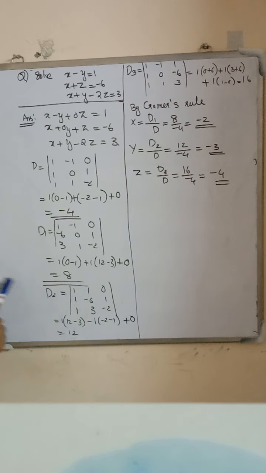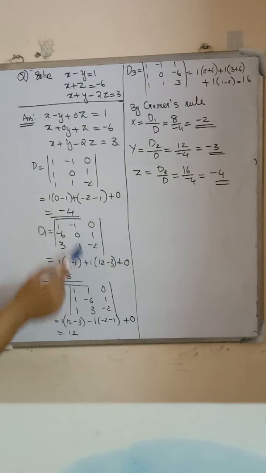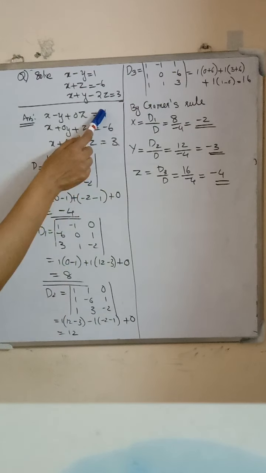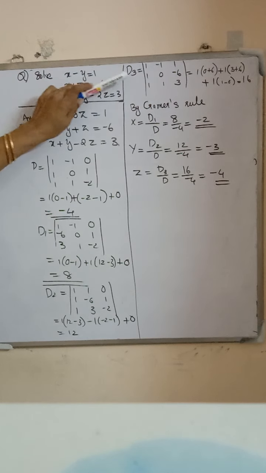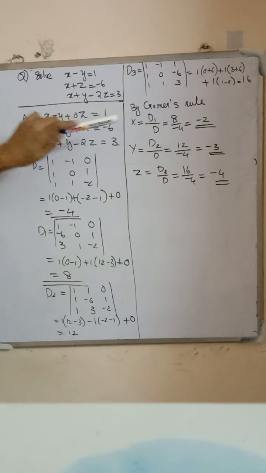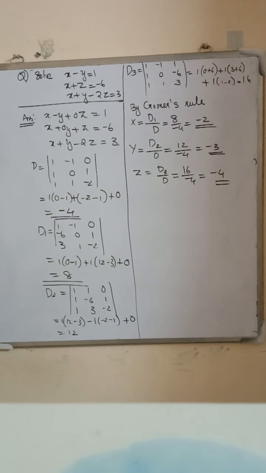Then D2 is obtained by changing the second column to 1, minus 6, 3. Calculate D2, we get 12. D3 is obtained by replacing the third column by 1, minus 6, 3, and calculating, we get the answer 16.